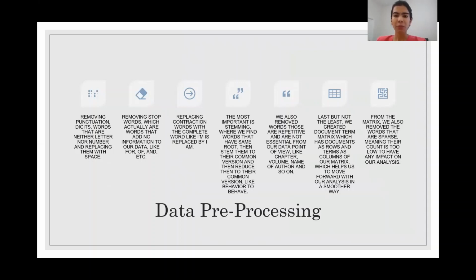Being a text type of data, the steps involved in the data processing were, first of all, removing all the punctuations, digits, and the words which were neither letter nor number, and I replaced all of them with white space. Once I was successful with this, I removed all the stop words.